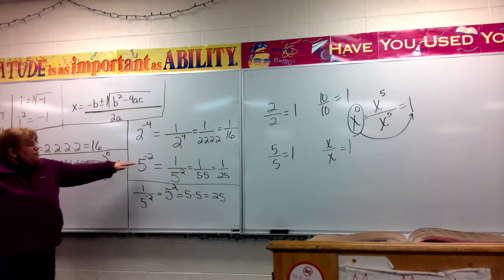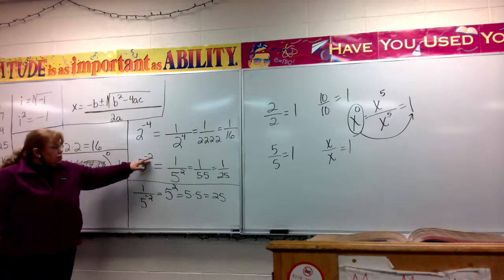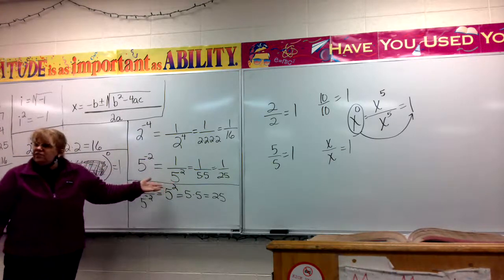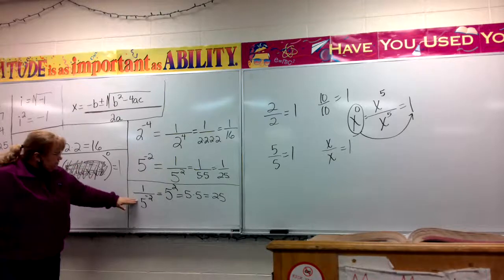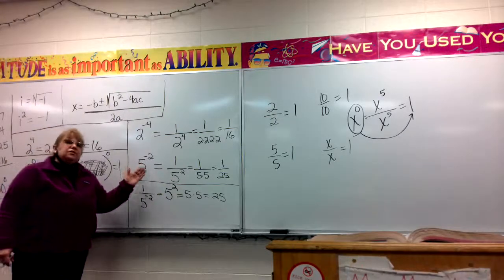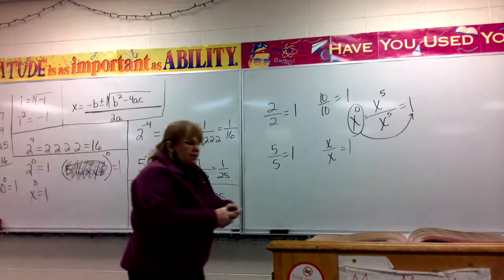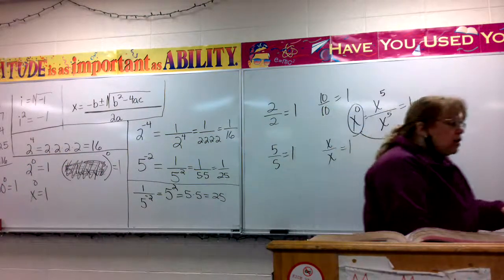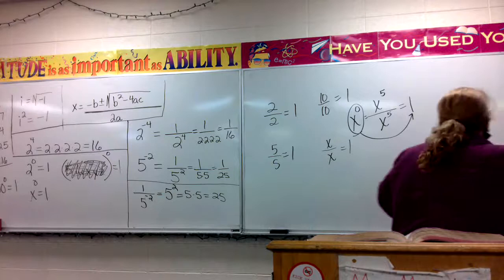So if the negative exponent is on top, you're going to bring it to the bottom and make it positive exponent. If the negative exponent is already on the bottom, then you're going to put it in the numerator and make it positive.